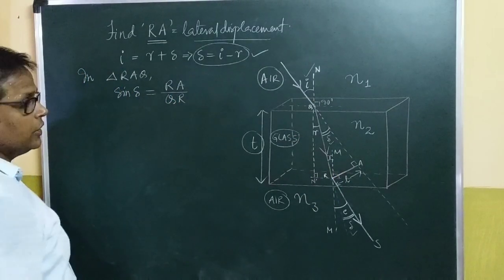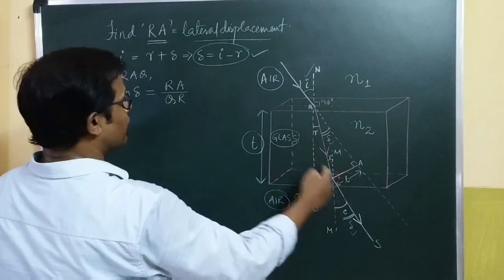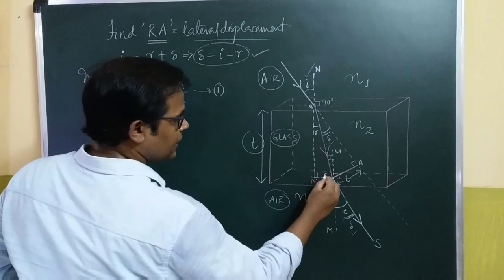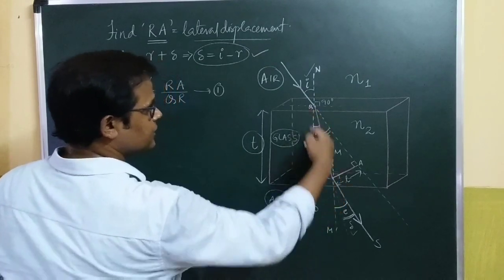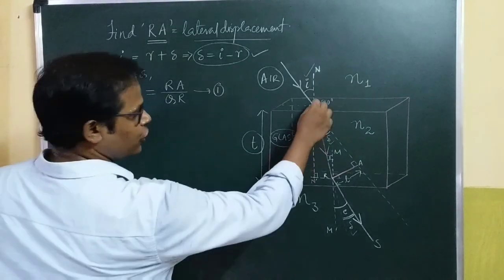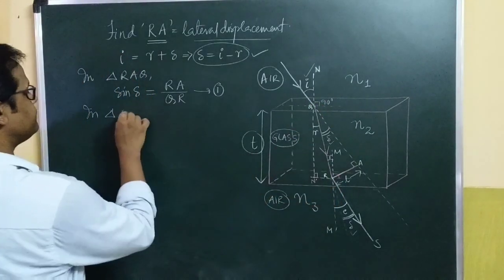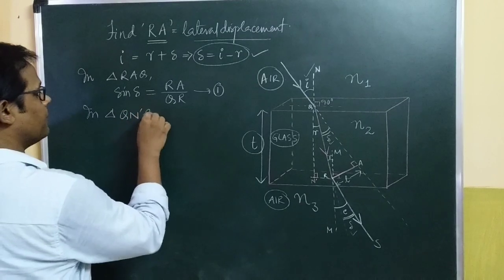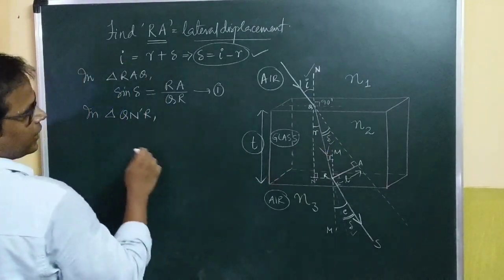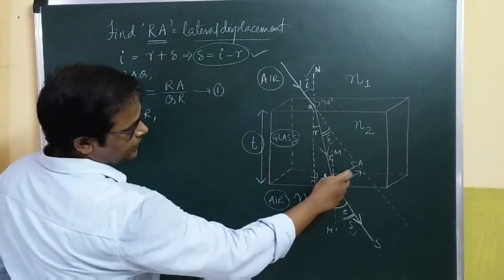All good. But I don't know what this QR is, so let me leave it over here and go to this beside triangle. You see this? This is another right angle triangle. So in the other right angle triangle, Q and prime R, I can easily see this is your angle R. I want this side, and I know this.